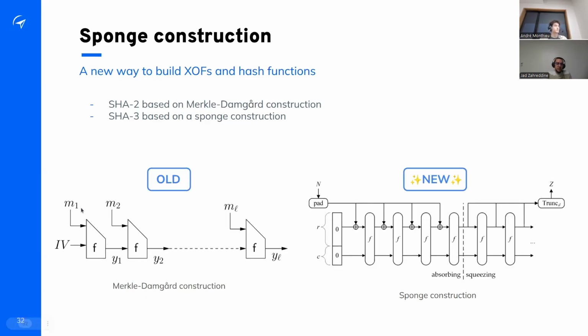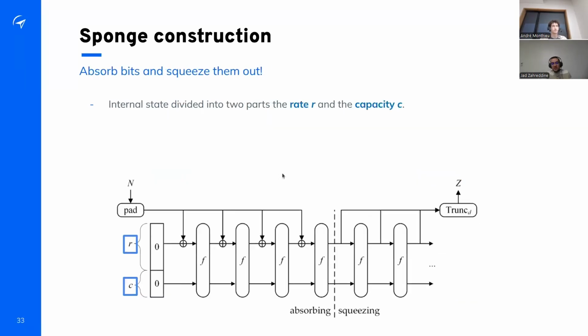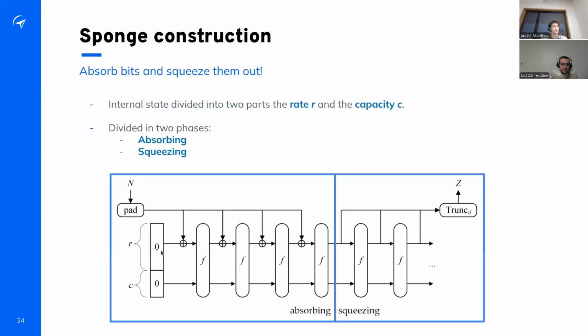So here, when we want to hash a message, we're going to divide it into multiple blocks, and when we no longer have any block to process, we cannot do much. However, in the sponge construction, we have two phases, an absorbing and a squeezing phase. So this sponge construction, as we said, absorbs bits, it absorbs water and squeezes the bits out. So how does it work? It has an internal state that is divided into two parts, the rate R and the capacity C here.